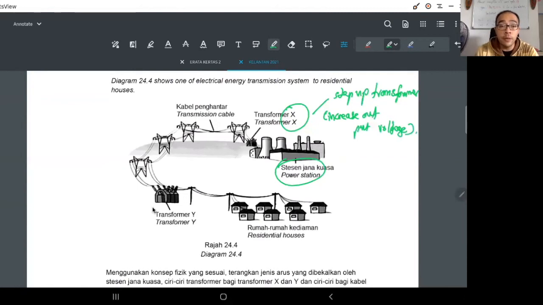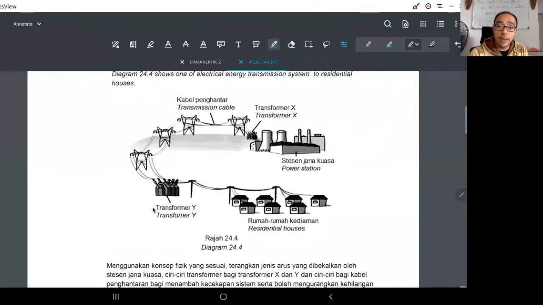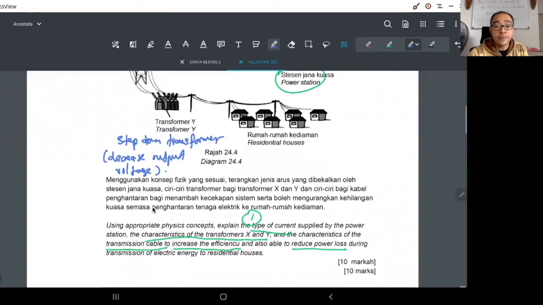Then transformer Y will obviously be a step-down transformer, to decrease the output voltage. So X is step up, Y is step down.